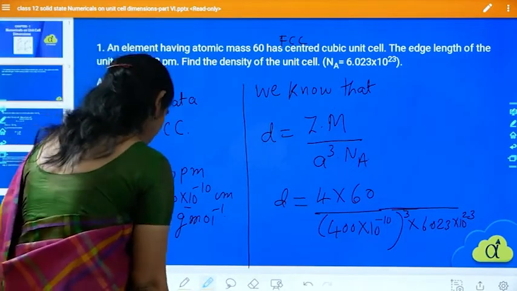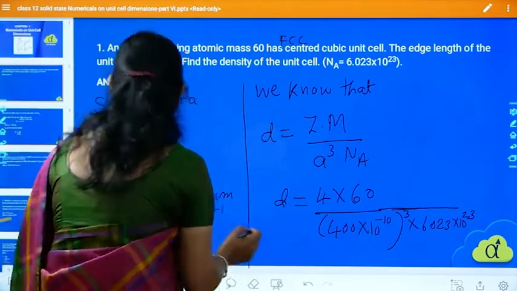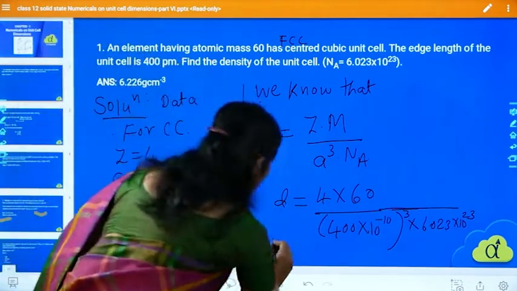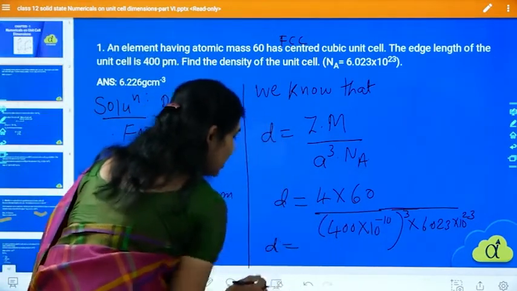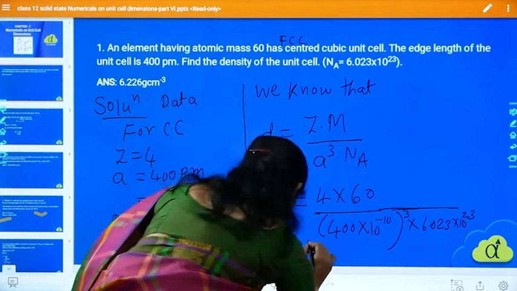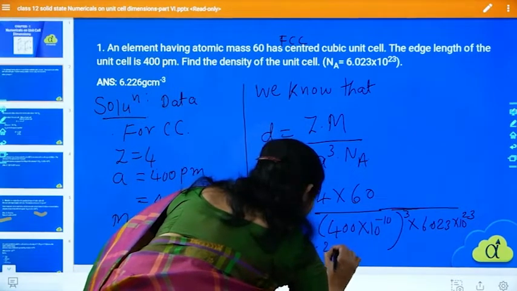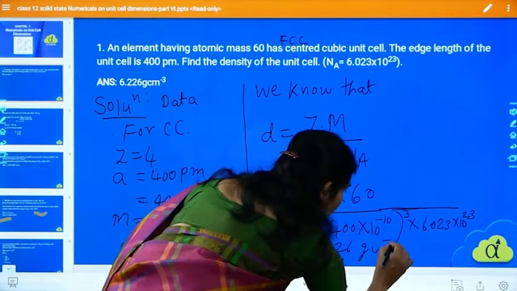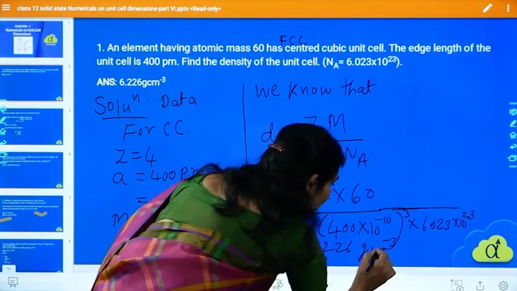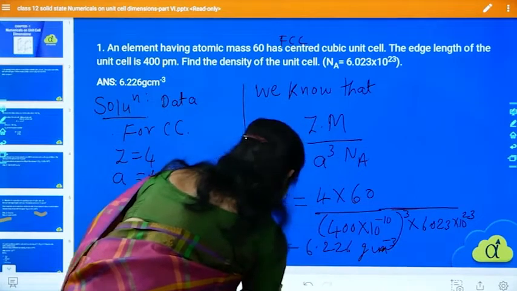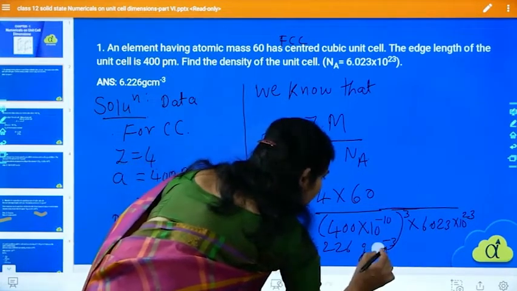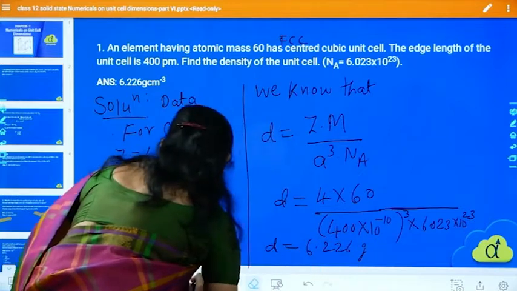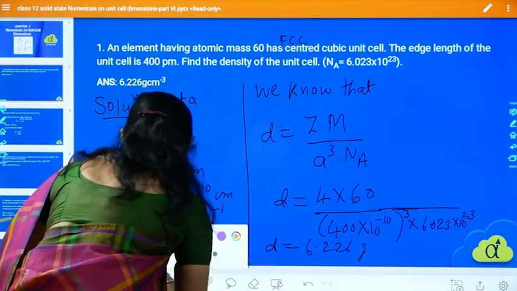After simplification, you will get a value of 6.226. This is the D value, because it is density. The unit of density is gram per centimeter cube. So like this, you can calculate and tell the density of the given unit cell.